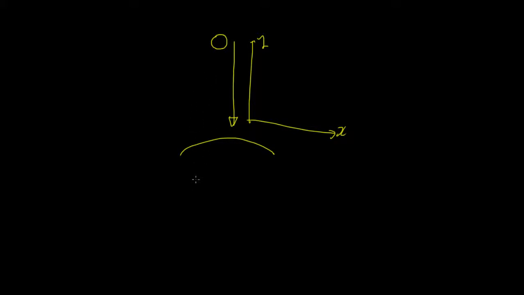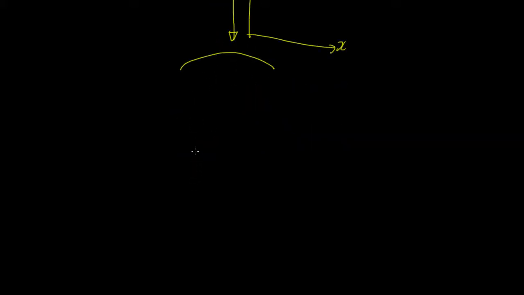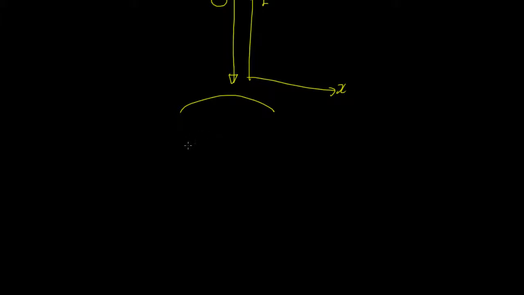Then we know from Newton's laws that the force equals the mass times acceleration. So the mass in this instance we'll call m, and the acceleration is acceleration due to gravity. Now we can write the acceleration in terms of y double dot.